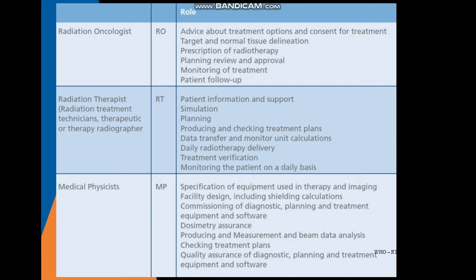The roles of radiation therapists are patient information and support, simulation, planning, producing and checking treatment plans, data transfer and monitor unit calculations, daily radiotherapy delivery, treatment verification, and monitoring the patient on a daily basis.